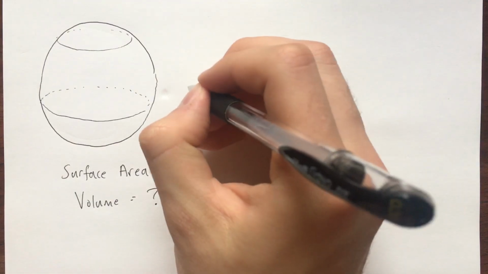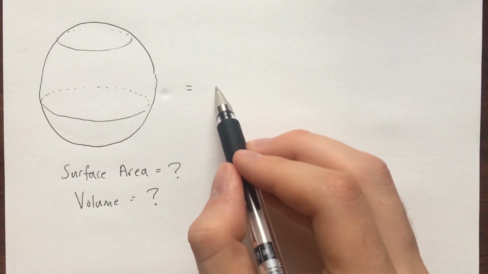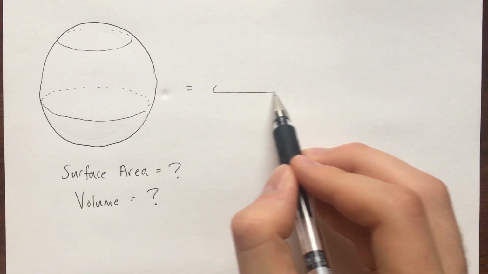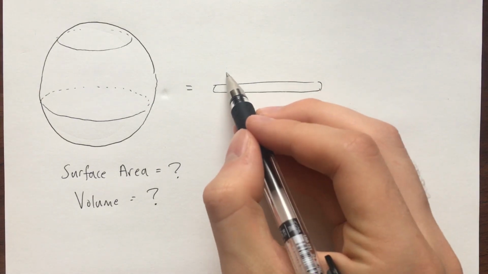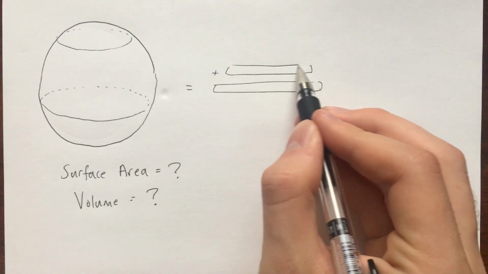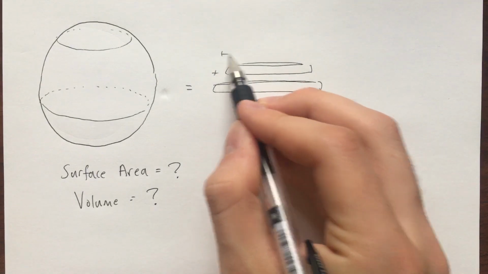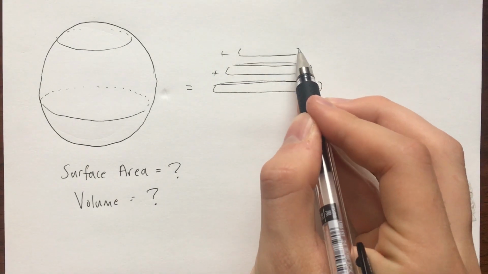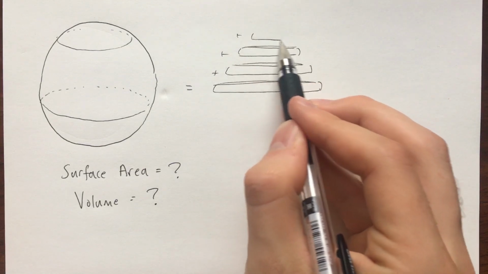So let's look at it this way. This sphere can be split up into a sort of disk in the center, plus a disk up here, plus another disk right here, and so on.